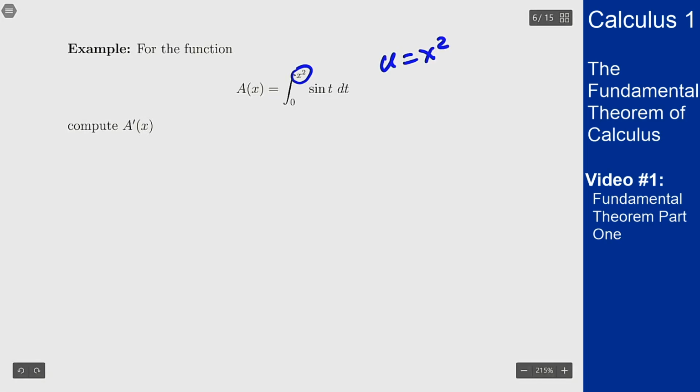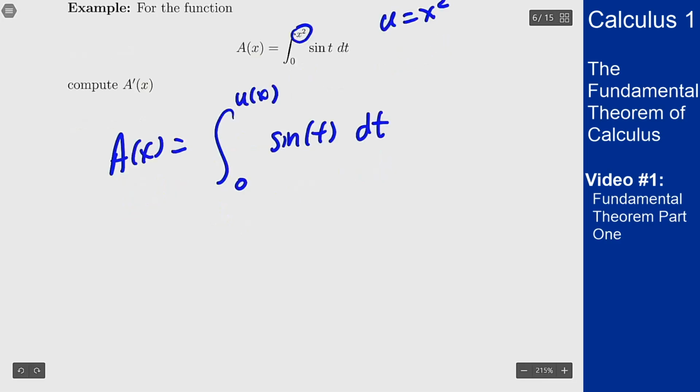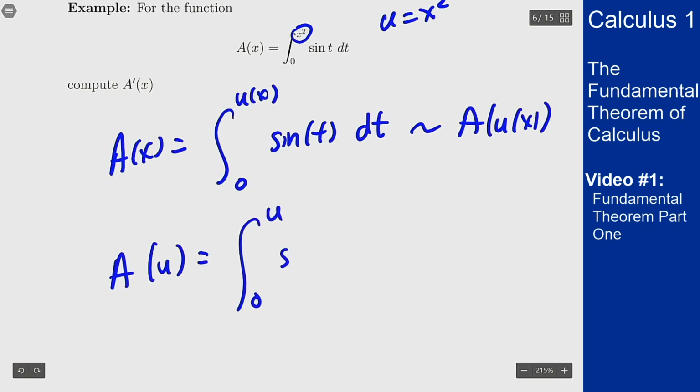Well, I have that a of x is the integral from 0 up to u of sine of t dt, which means I can write this as a of u of x, with the function a of u being the integral from 0 to u of sine of t dt, which I can do things with, and then u of x being x squared.